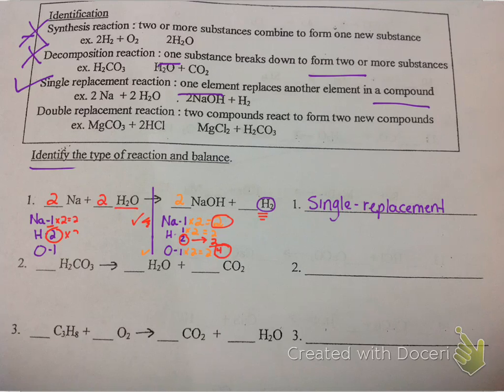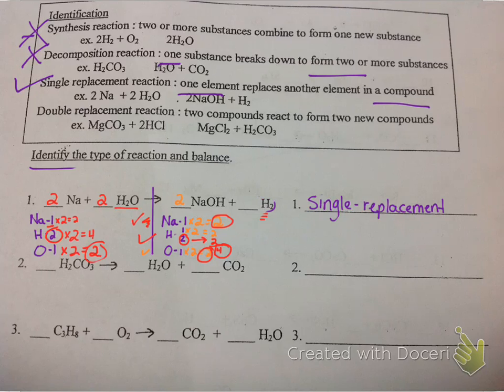So this is going to change our H's to 4, which is good, that balances our H's, and our O's are going to also be multiplied by 2, which will give us a grand total of 2 oxygens, which is perfect. That's exactly what we need. And so now this problem is done.